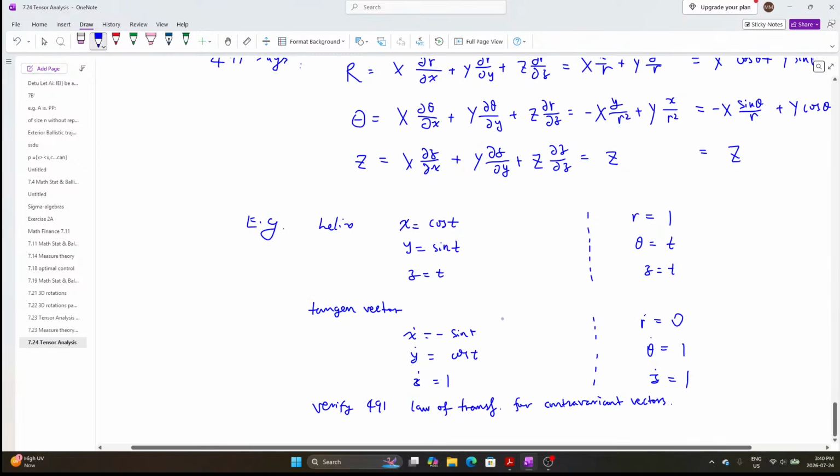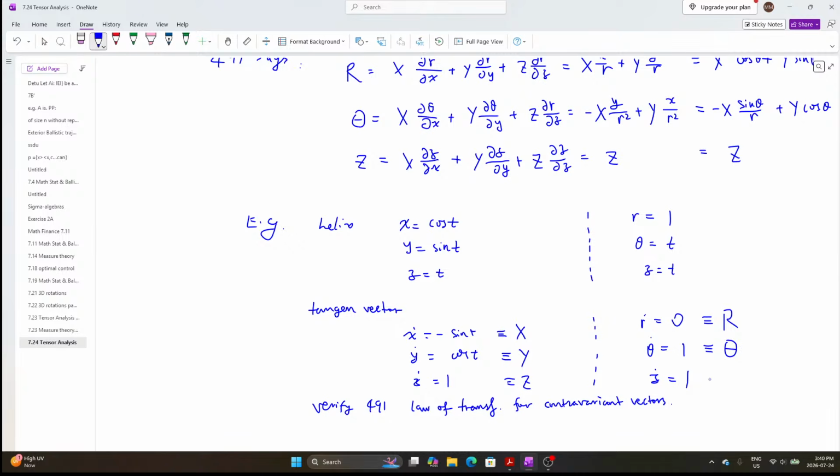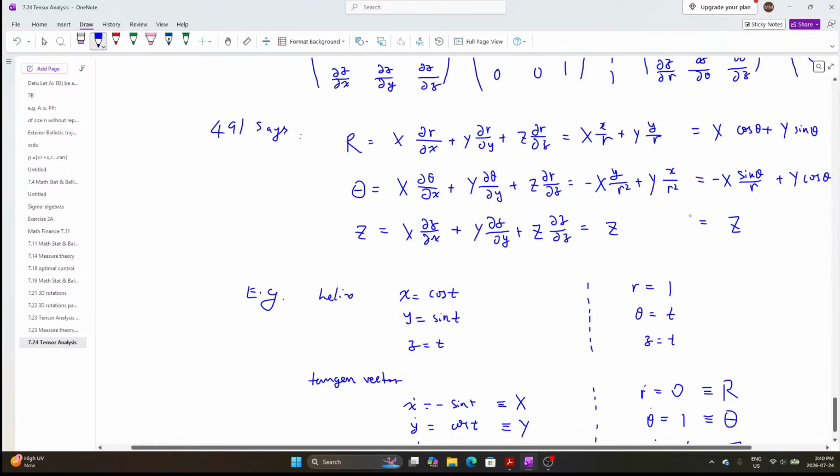So go ahead. You call the first the big X, the second the big Y, the third the big Z, and 0 the big R, 1 the big theta, and z dot the big Z. So you want to verify this.